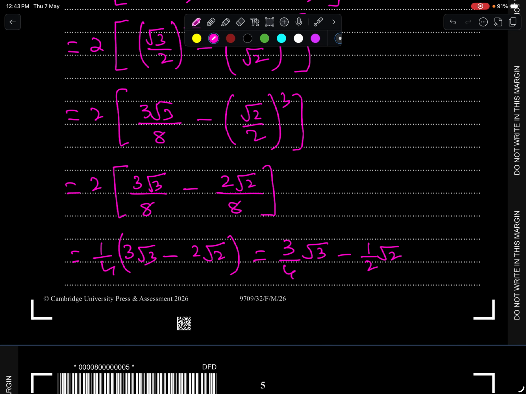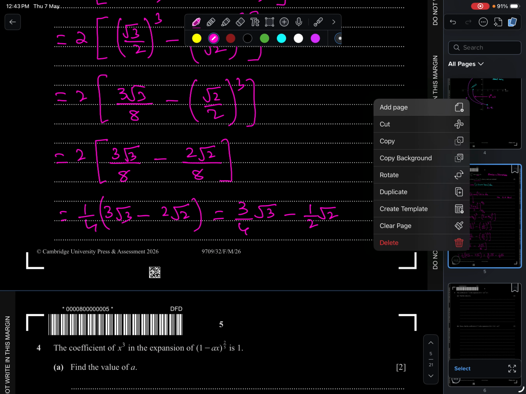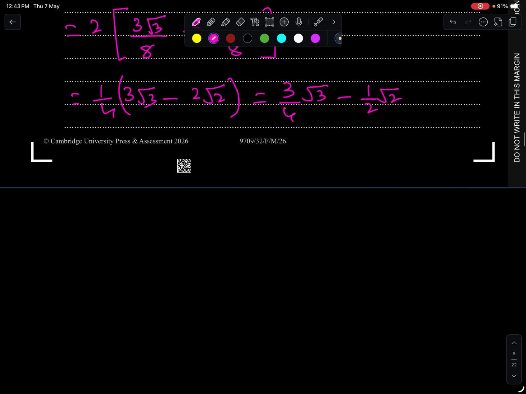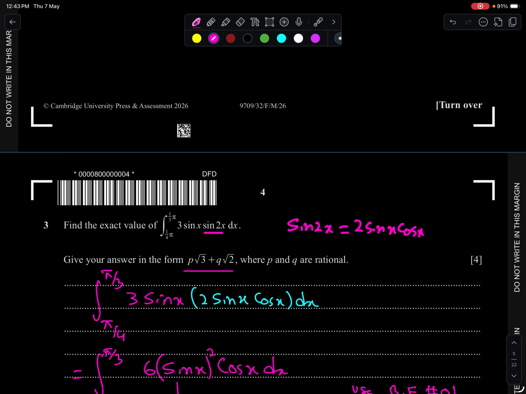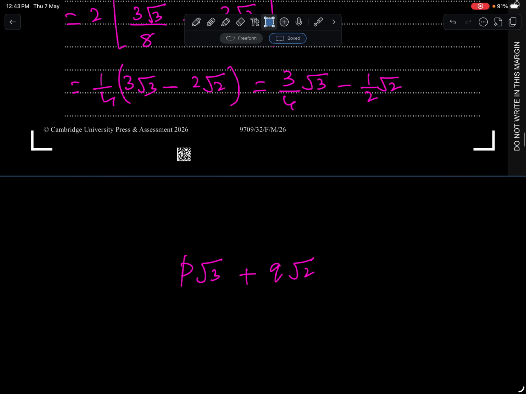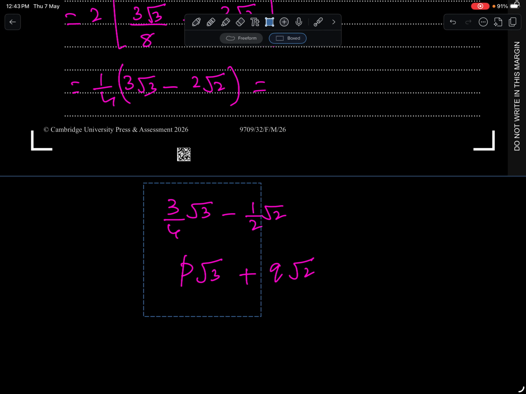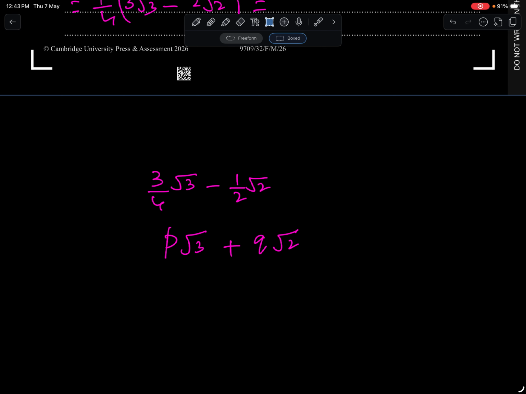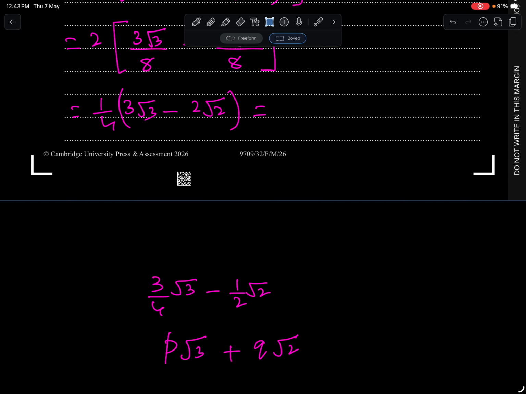Now compare this with the given expression. The given expression is p root 3 q root 2. So when we compare this with our answer, we will get the values of p and q.